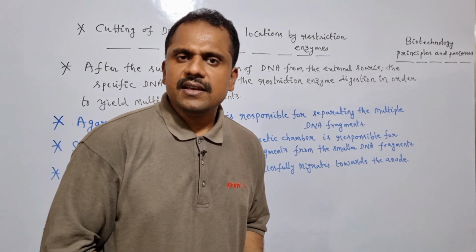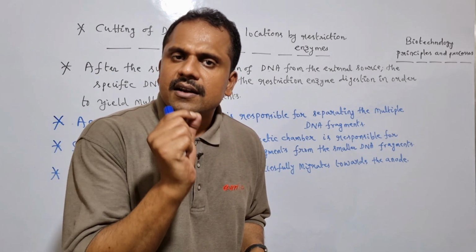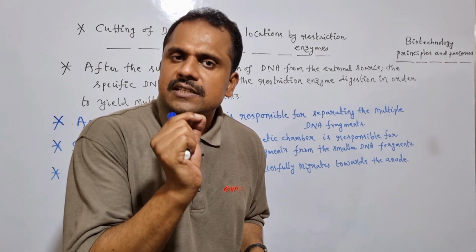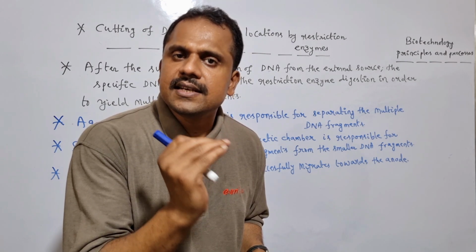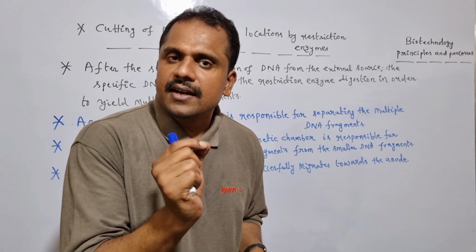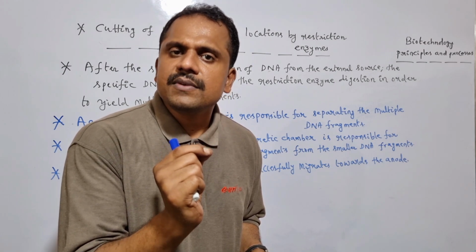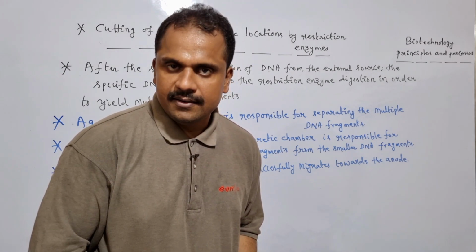So here, once we insert the restriction fragment into the vector DNA, it leads to the formation of recombinant DNA. Is it clear?